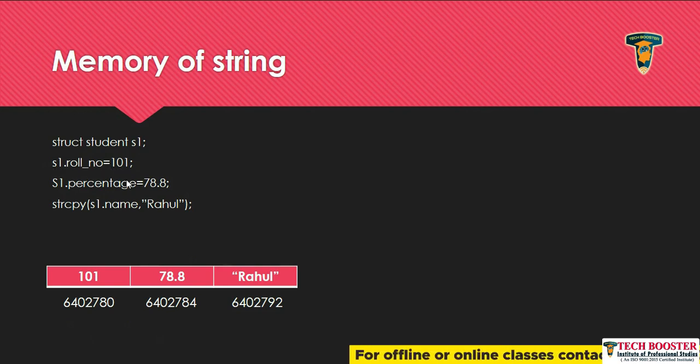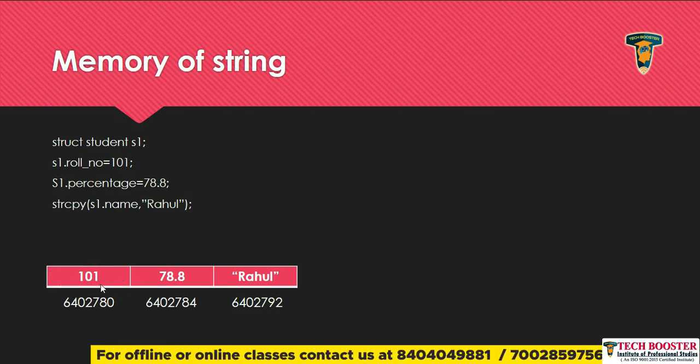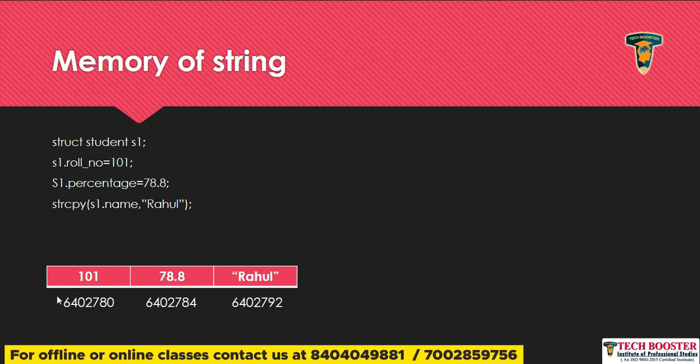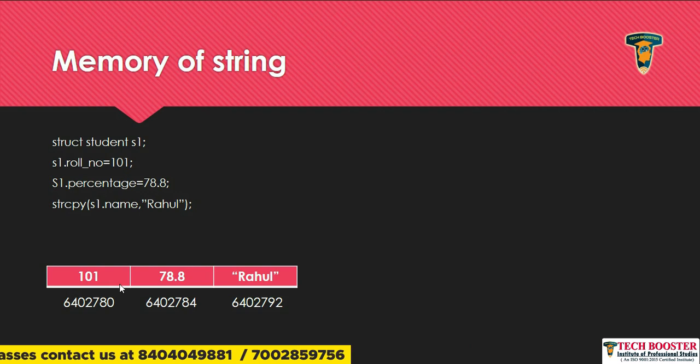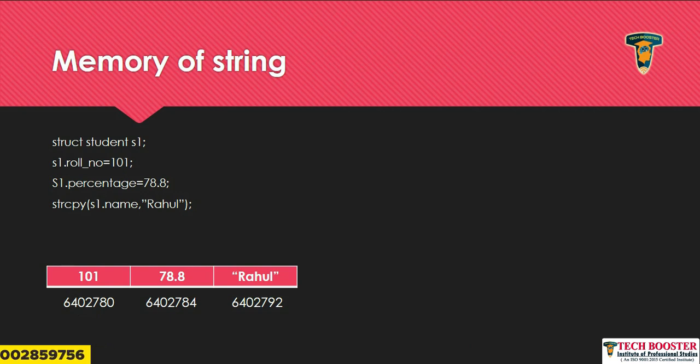So first of all my integer will be stored. You can see my memory, this is a memory block. So first of all what I am doing, I am storing 101, and this is the address of this particular memory location. So here I have considered 64,02,780. This is just an arbitrary number. In your case this will be different.